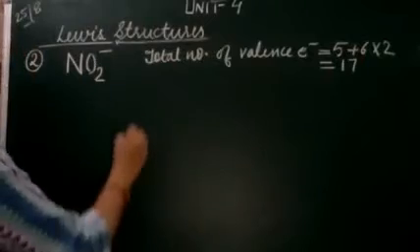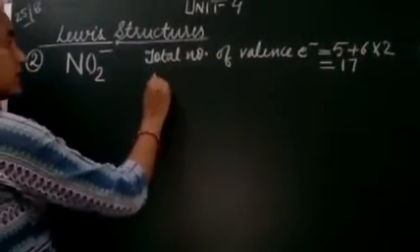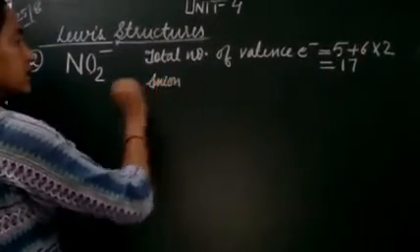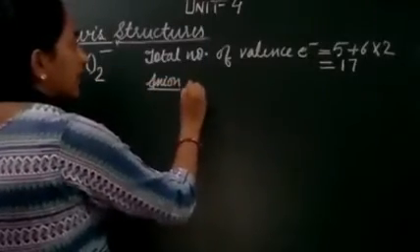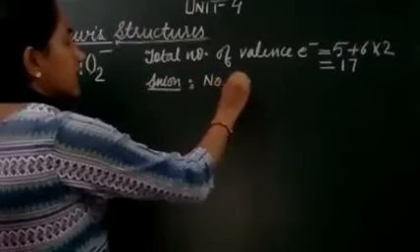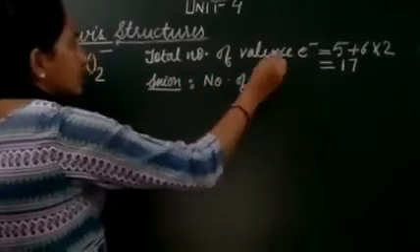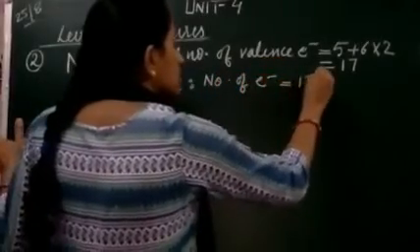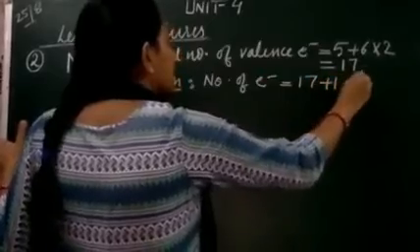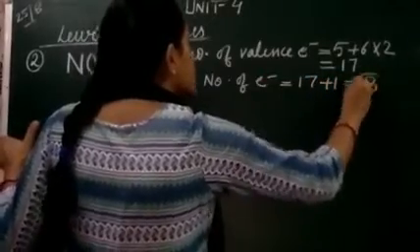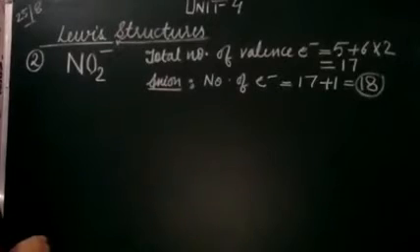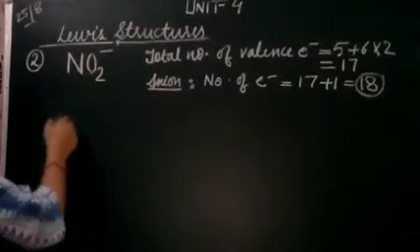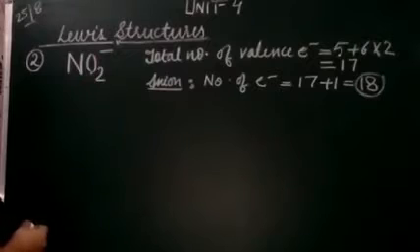Now, since it is an anion, one electron is to be added. After that, the number of electrons will be 17 plus 1, that is equal to 18. So students, you are going to distribute the 18 electrons between these three atoms while drawing the Lewis structure.